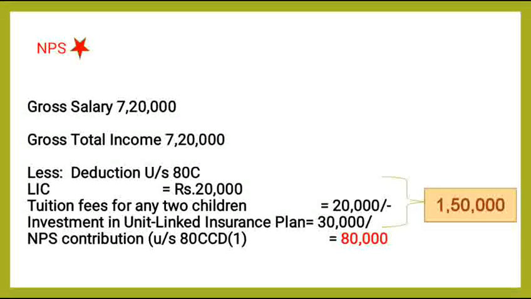But had he made the deduction of rupees 1 lakh under section 80C and under section 80CCD subsection 1, then that would have been of no value because the maximum limit under these sections is 1,50,000.